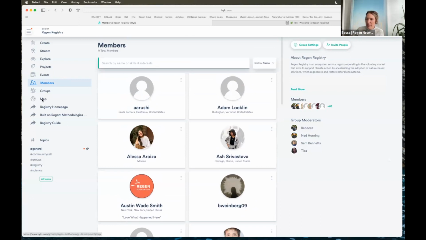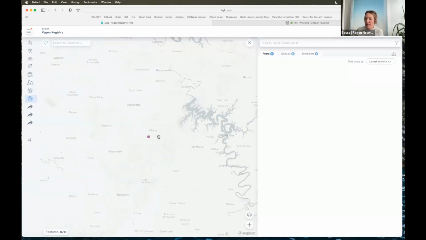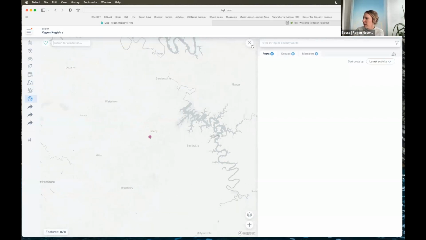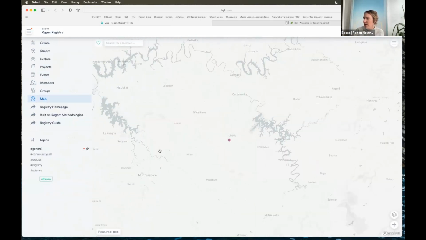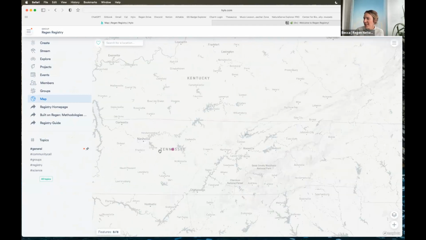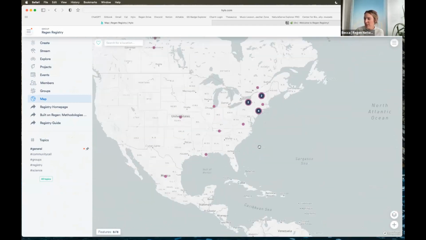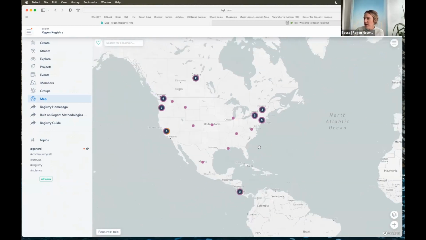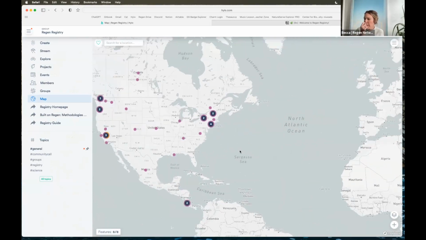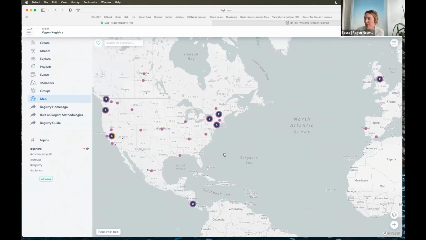That really helps in identifying different members and what they might do. The other way to find that is within maps. You have to really scale out from where I am in Tennessee, there I am, to start to find members this way by location, which is a pretty cool way to find members. This doesn't help you with public speaking, but it does help you find folks within your region.